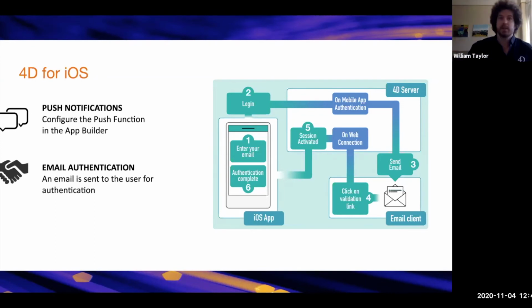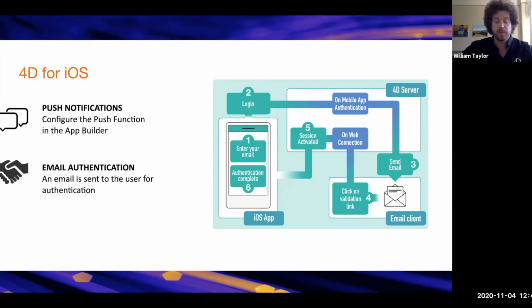That then sends something back to your 40 for iOS application that says that this user has been authenticated. So it changes from pending to authenticated. And once the validation process is complete, clicking the link in the email, your user now is an accepted entity in your database, in your application.